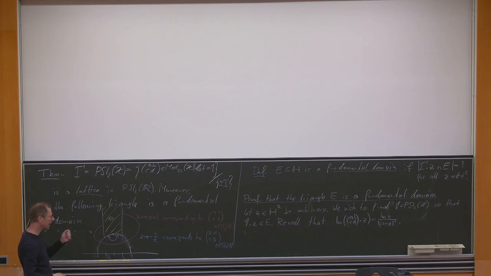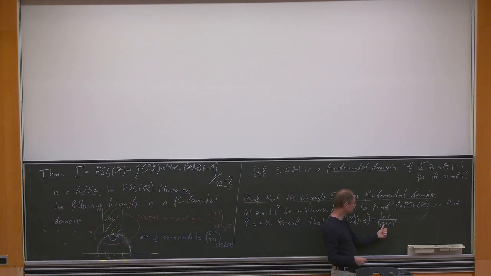Why is that? Because Z is in the hyperbolic plane, which means it's a complex number. It has positive imaginary part, which means that this number and 1 are linearly independent over R. C and D are integers, so they're in particular real numbers. So this quantity, unless C and D are simultaneously 0, will never be 0. C and D cannot be simultaneously 0 because they are from a group element.